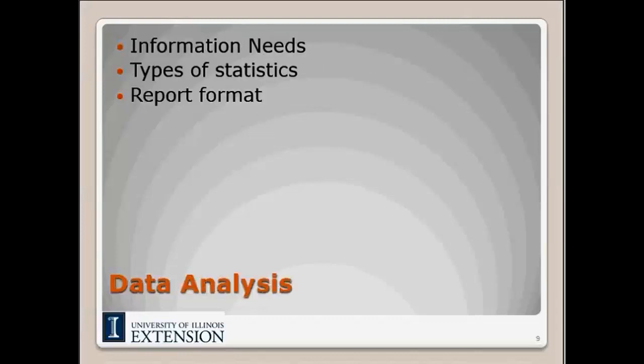In the data analysis, we look at what kind of information we want to be able to provide, the type of statistics that are going to be run, and the report format. We have to take a step back and really think about what the information needs are of our client.